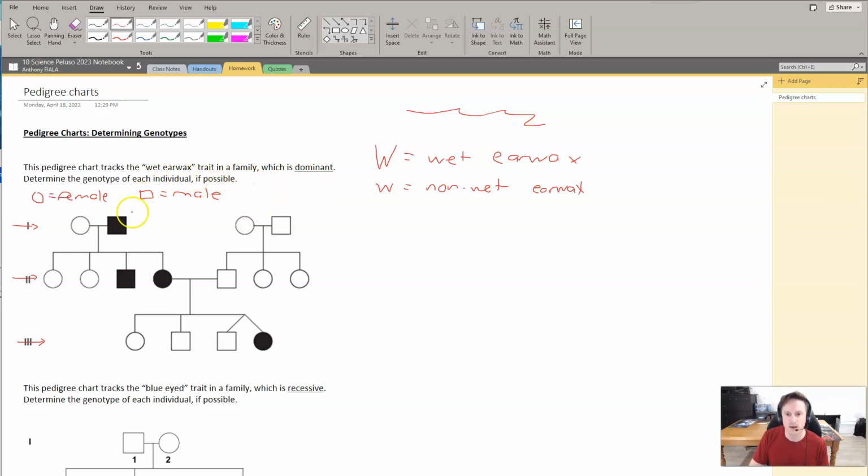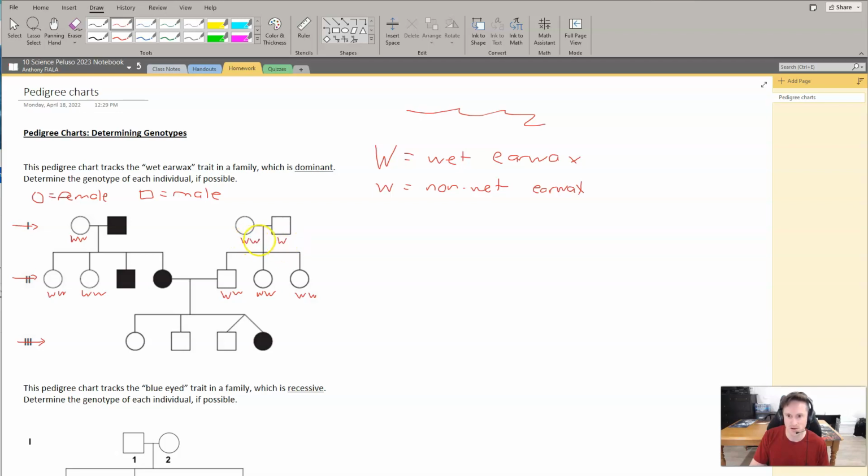Therefore, all of the individuals that do not have wet earwax, there's only one combination of alleles they can have, and that is little w, little w. Because if any of these people had wet earwax, they're either going to be homozygous dominant, so big W, big W, or heterozygous, which is big W, little w.